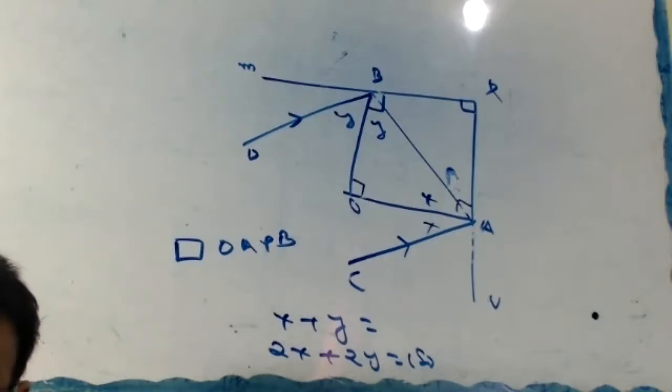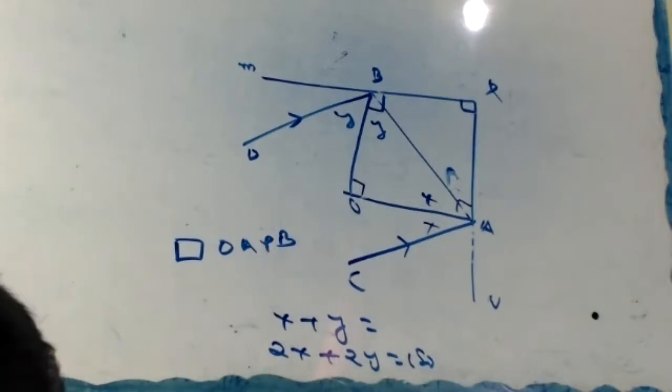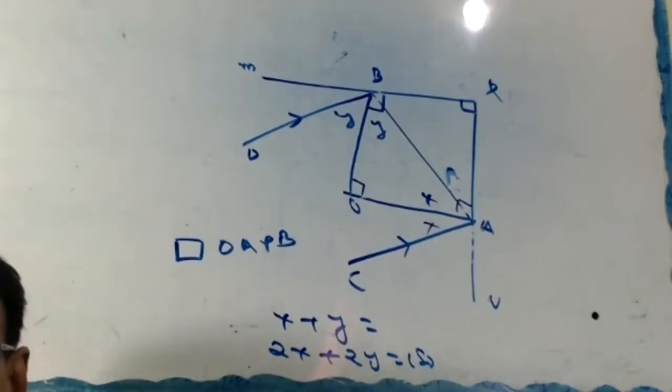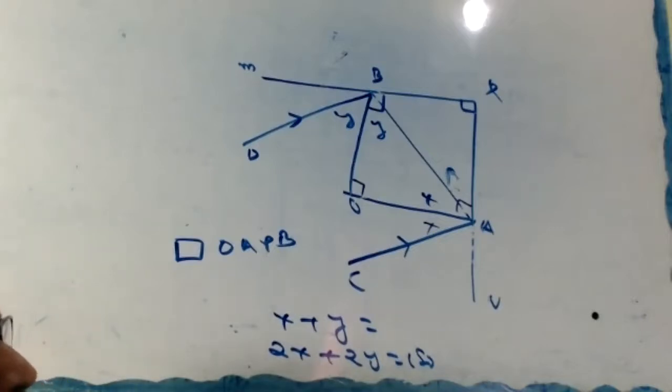Listen, just wait. Instead of that, we can write, if you are okay: OA perpendicular to N, OB perpendicular to M, therefore angle AOB is 90 degrees. Directly you can write, but the reason is: perpendiculars to the perpendicular lines are also perpendicular. Otherwise you follow the previous method. Now listen here.